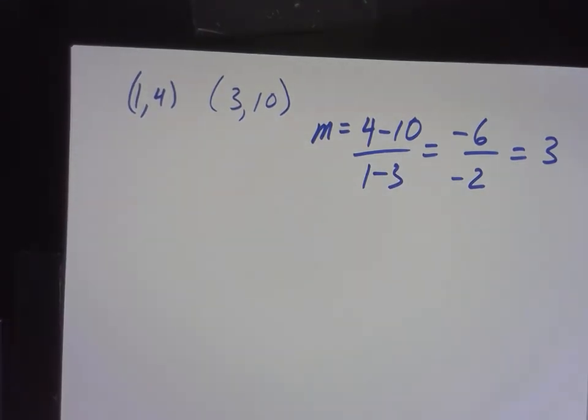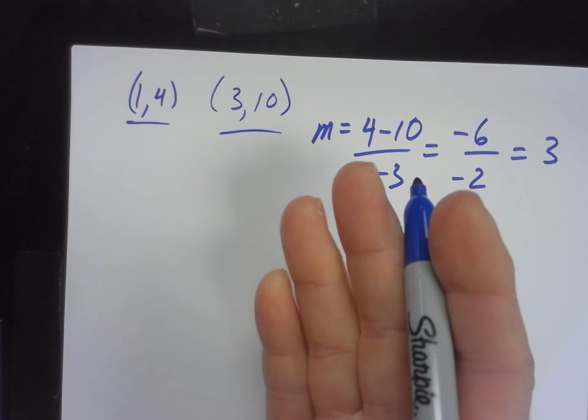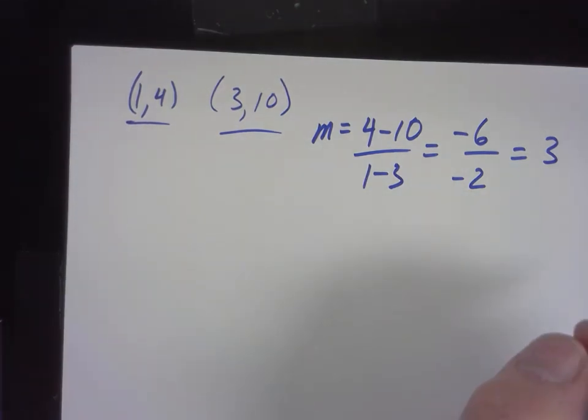So be careful. Now, which of these 2 points do I have to use? Okay, did we all get that? One of you said it doesn't matter. Everyone else stared at me. Which of the 2 points do I have to use? Doesn't matter. Yeah. Okay, it doesn't matter. Now, sometimes 1 point can be easier, though.